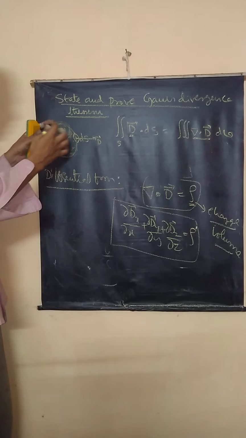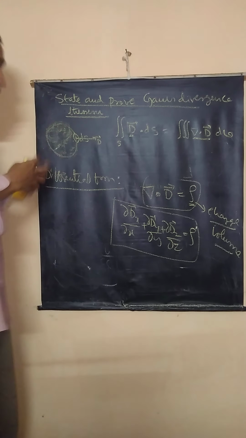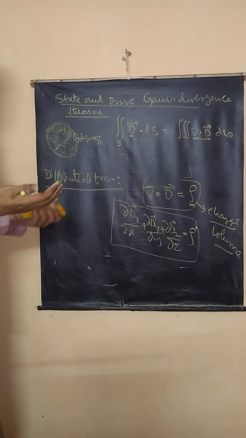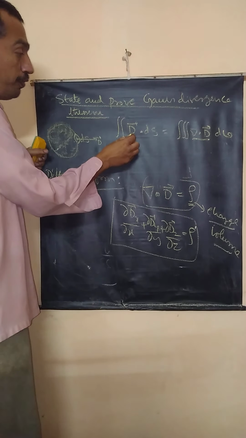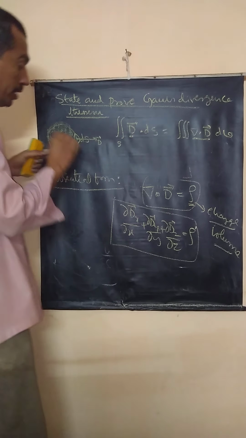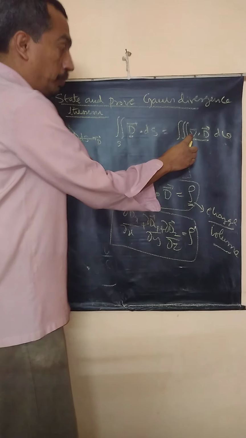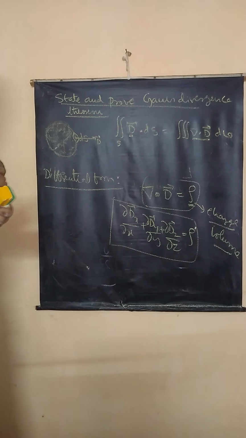The amount of water coming out of a point, the amount of heat radiation coming out of a point, it applies to any vector, right? Now the surface integral of the vector over a closed surface is equal to the divergence of the vector over the volume enclosed by this surface.